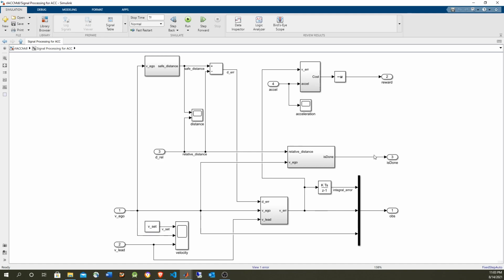Okay, so in here we compute the reward. This is how you program the reinforcement learning. You have to set the rules for it. But before going there, we're going to see how the distance error is computed. The safe distance is computed here, and it depends on the velocity of the ego car, the car in control.